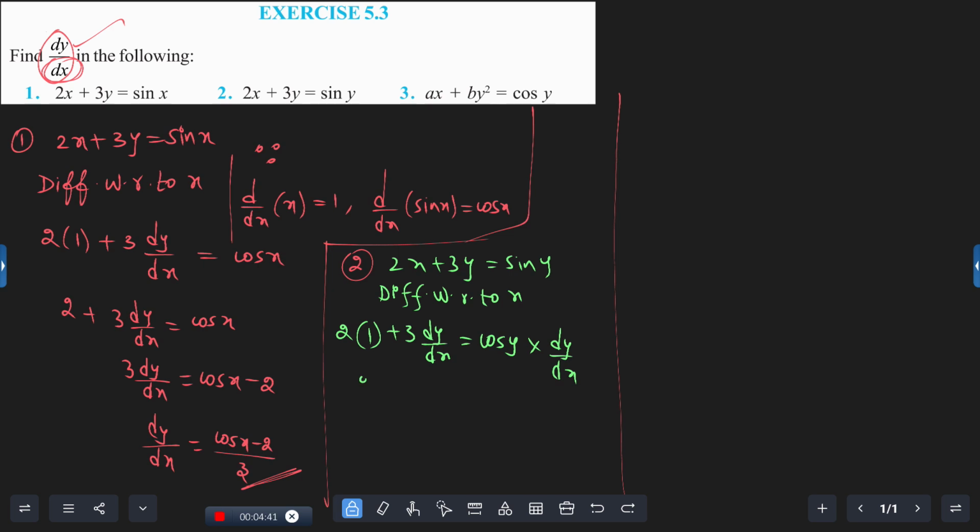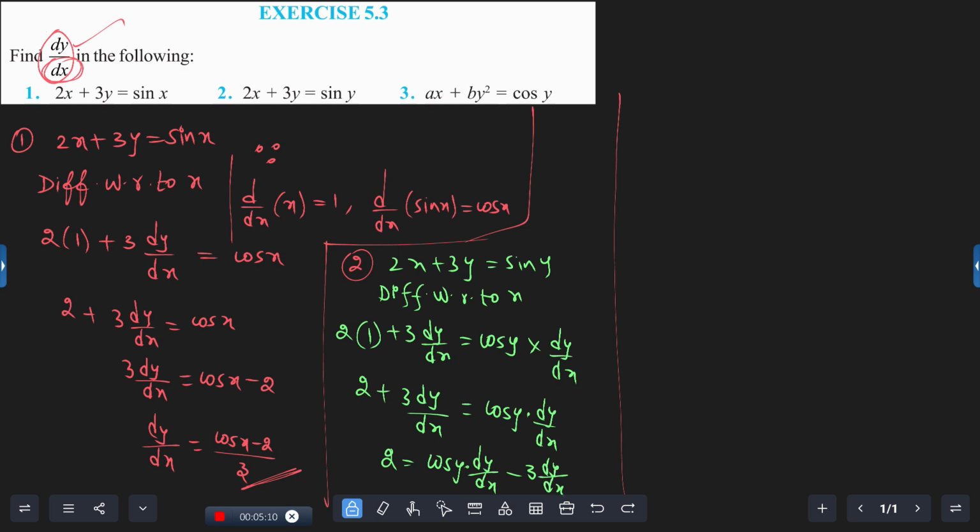So 2 into 1, 2, plus 3 into dy divided by dx, is equal to cos y into dy divided by dx. That's it. Let the 2 stay on this side, and send the other term to the opposite side. So what I am getting: cos y into dy by dx, and 3 dy by dx sent to the opposite side becomes minus 3 into dy by dx.